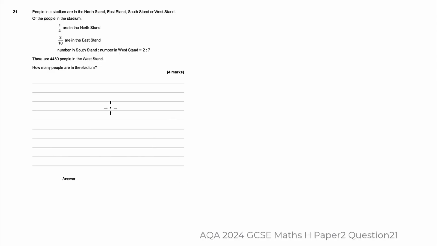So here we are, question 21, and it's a problem about the number of people in a stadium. They're distributed between the north, east, south and west stands, and we're told different pieces of information about the numbers in each stand. And we're asked to find ultimately how many people in total are in the stadium.